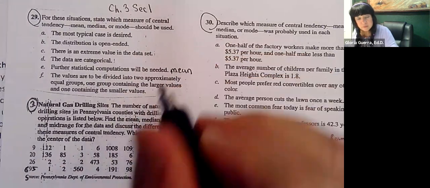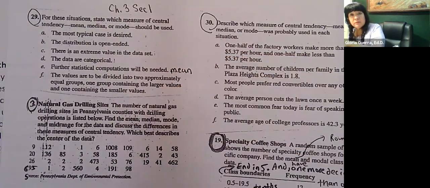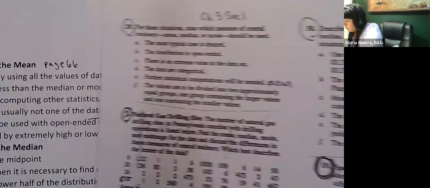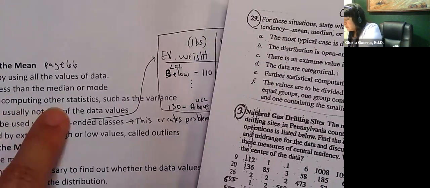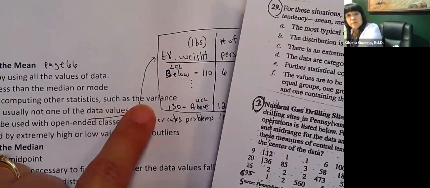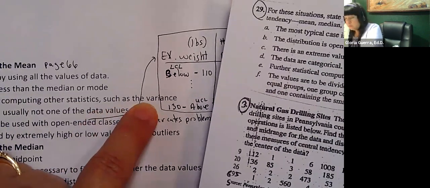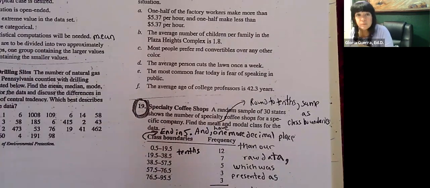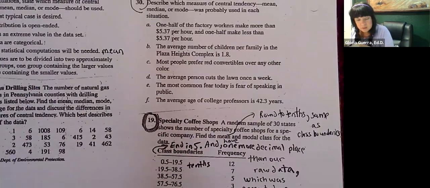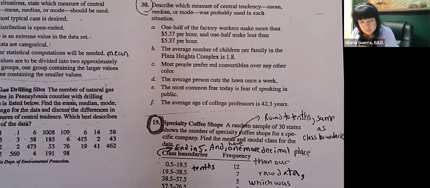That would be a mean, because it's used in computing other statistics, and it gave us one example, the variance, which we'll see in section 3.2. So further statistical computations will be needed. It's related. And on 30, the mean would be number B.